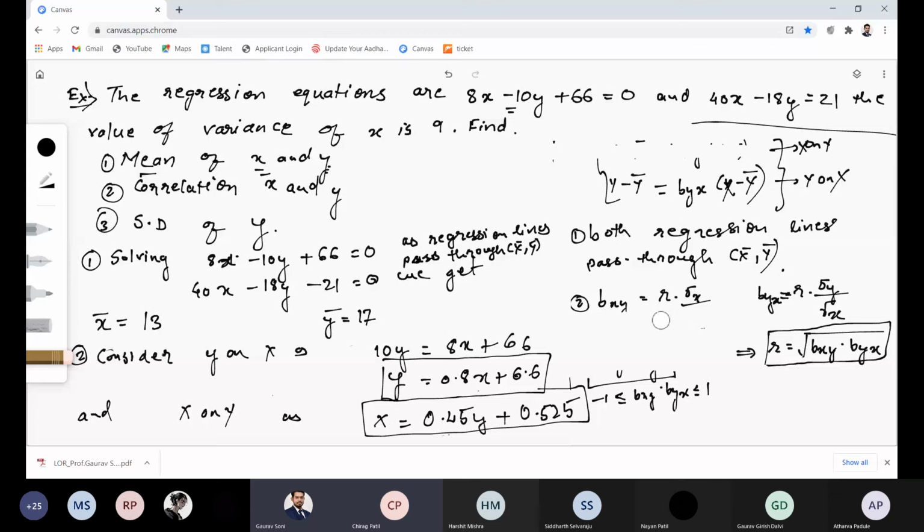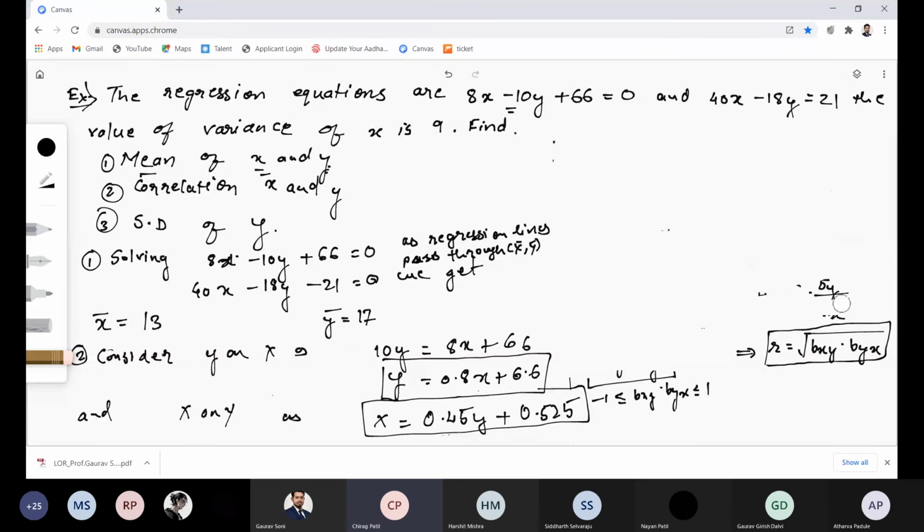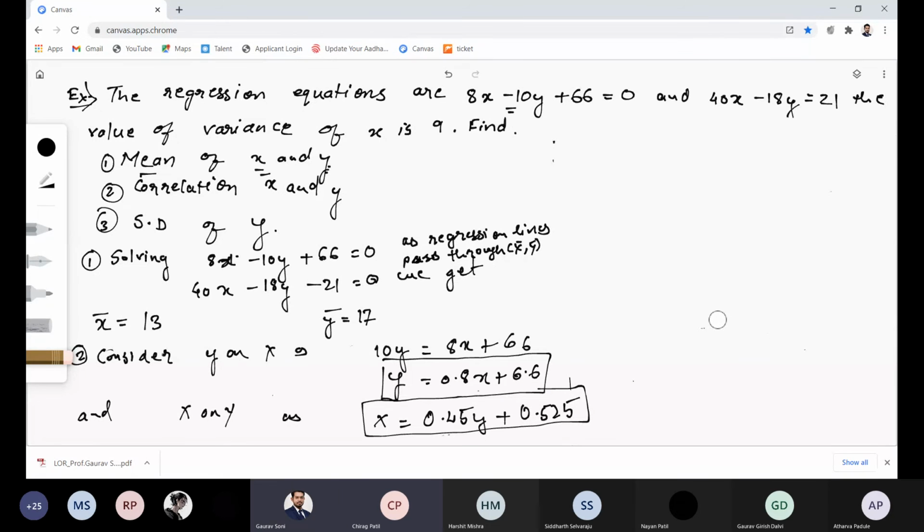Sir, if we see that from the first time it is not possible, it is coming greater than 1, if we just reciprocal it, we will get the exact same result. At the spot, if we take the reciprocal of the final value which we got in the first case, which was greater than 1, we will get it less than 1. But how do you take the reciprocal of an equation? No, sir, not of the equation, the product of the two slopes.